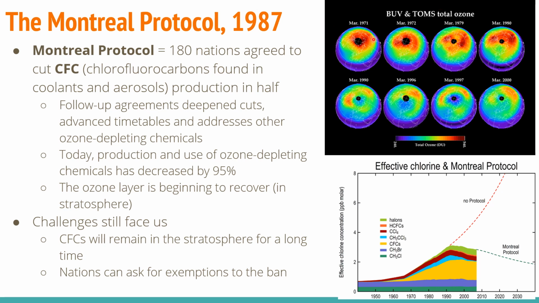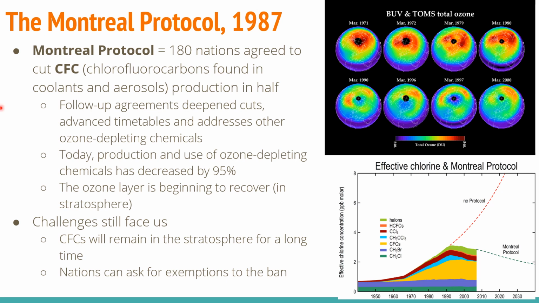So back in 1971, looking at this image here, compared to the image in 2000, you could see that by cutting the amount of CFCs that enter the stratosphere, it has made an effect. Here you can see the red is when you have less ozone. And then over here in 2000, you have less red or more green, so you have more ozone.